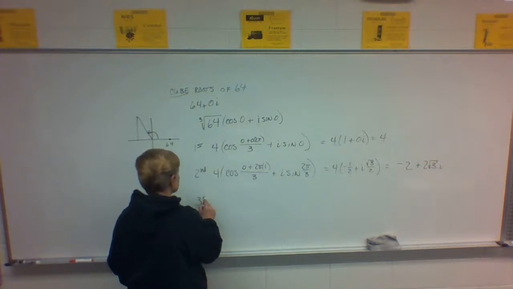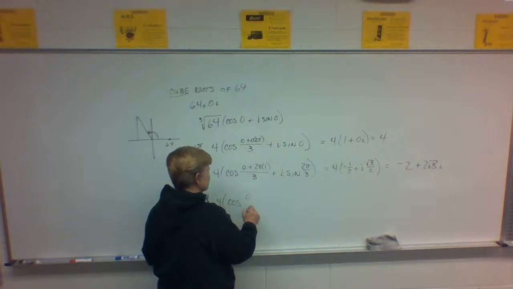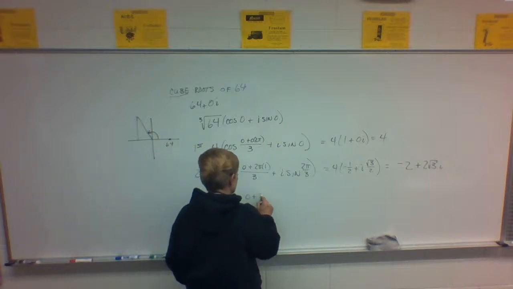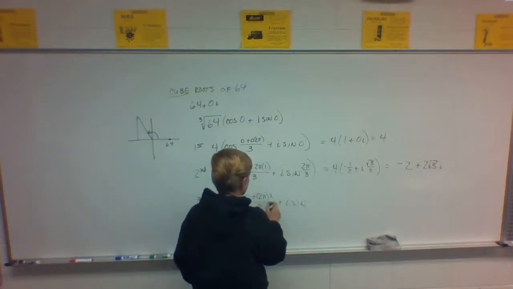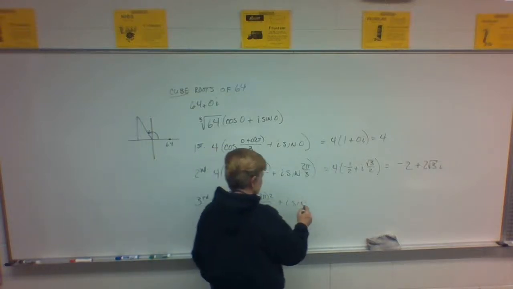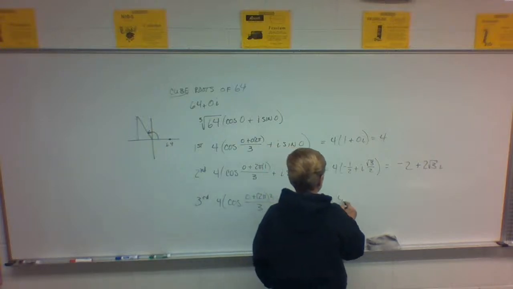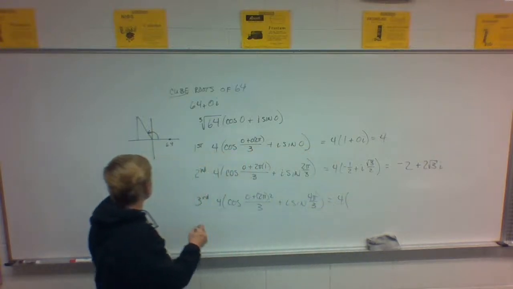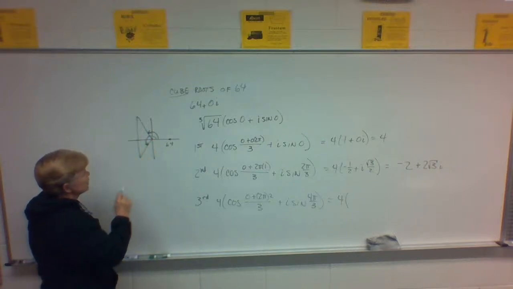The third one is 4 times the cosine of 0 plus 2 pi times 2 divided by 3 plus I sine. To reconcile that, that's going to be 4 pi thirds, which is equal to 4 times, so we come over here, 4 pi thirds is right here. And this angle is 4 pi thirds, yeah.